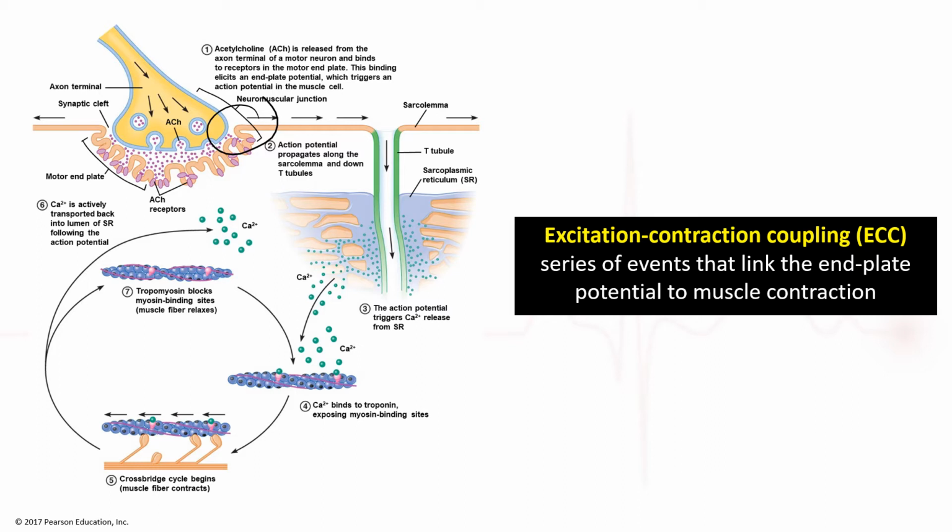Let's remember how we got here. The alpha motor neuron generated 5 action potentials over the course of 1 second, and thus the skeletal muscle fiber generated 5 action potentials over the course of 1 second. That means the skeletal muscle fiber is releasing calcium from its SR 5 times over the course of 1 second.